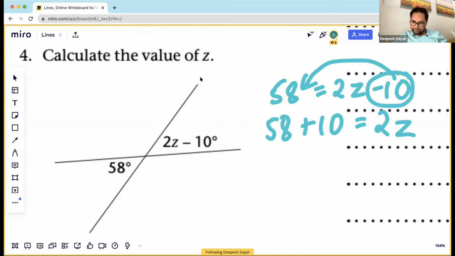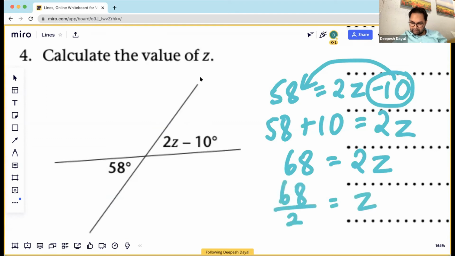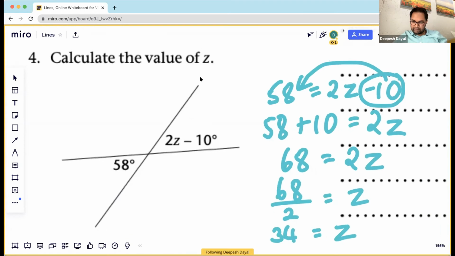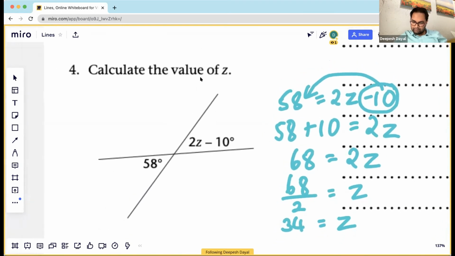When you take a minus over, it becomes a plus. Yes, sir. So it's going to be 58 plus 10. Okay. So Z is 68 divided by 2, which is 34. So Z is 34. Is that okay? Yes, sir.